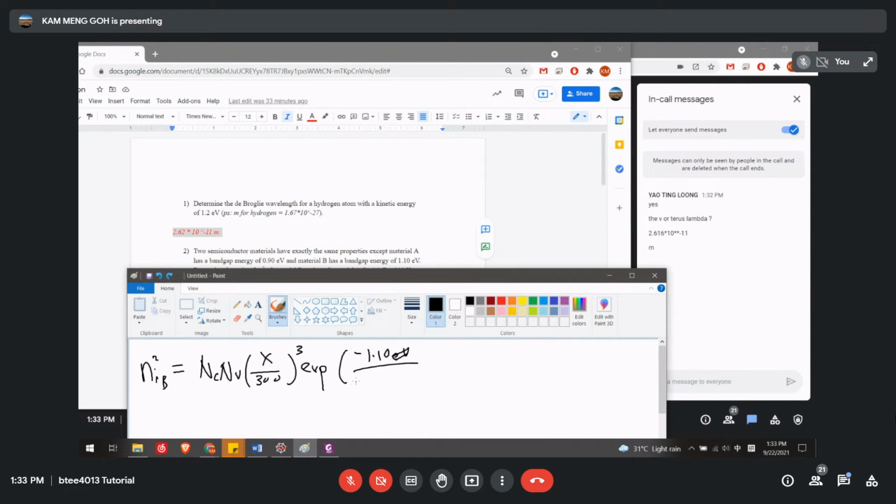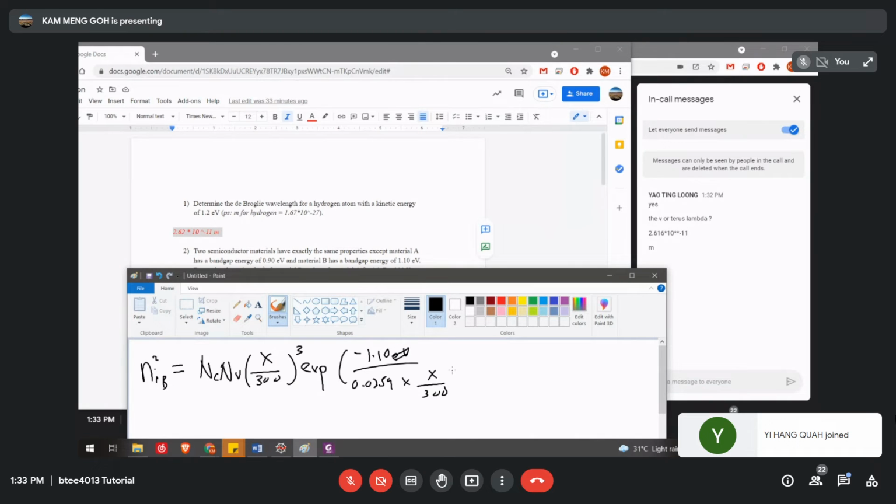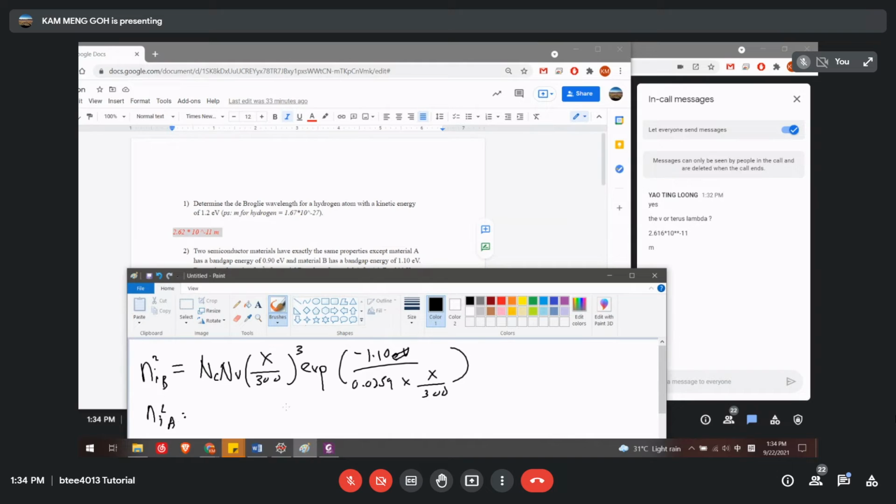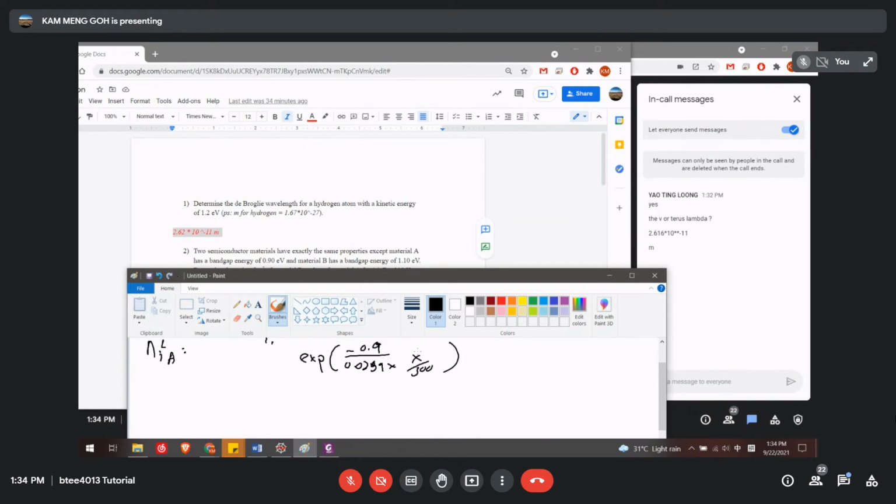You can do it this way: 0.0259 multiplied by T over 300. And for A do the same, just that your exponential will now be negative 0.9 over 0.0259 multiplied by T over 300. Then find the ratio.